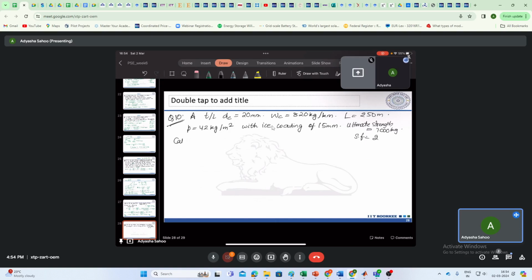So calculate maximum sag if weight of ice is given as 19 kg per meter cube.